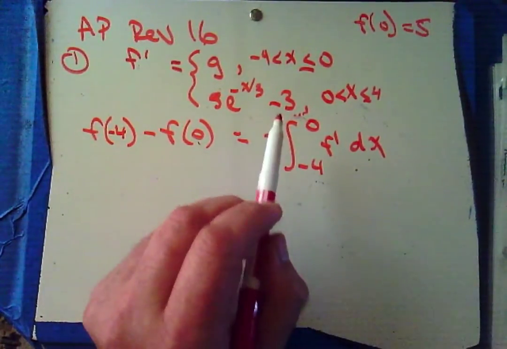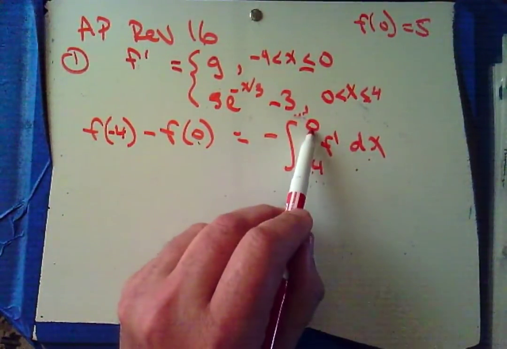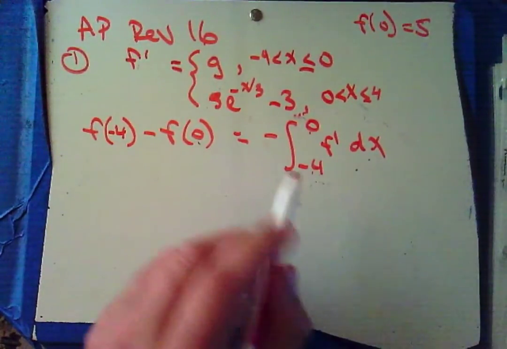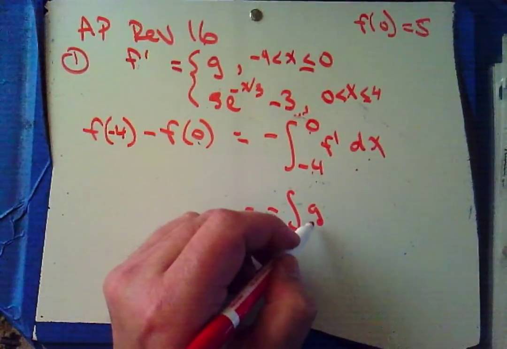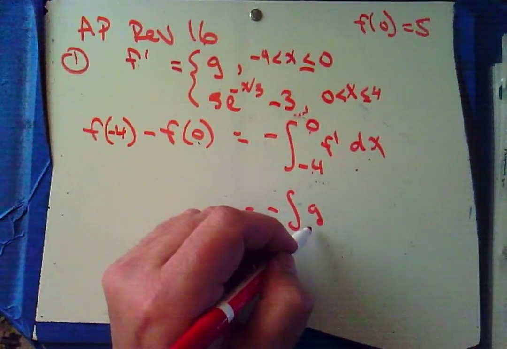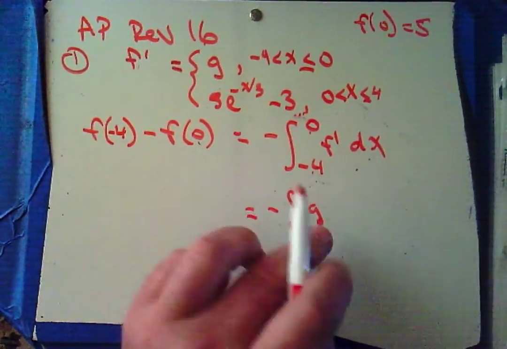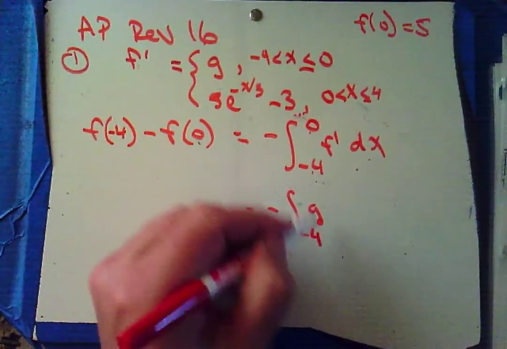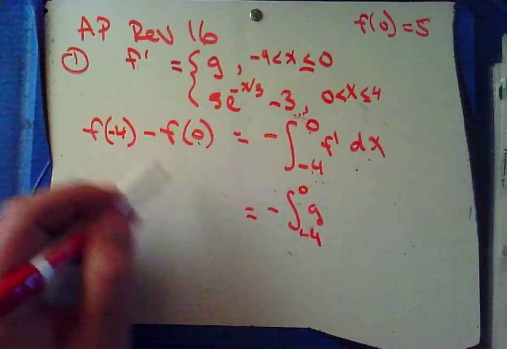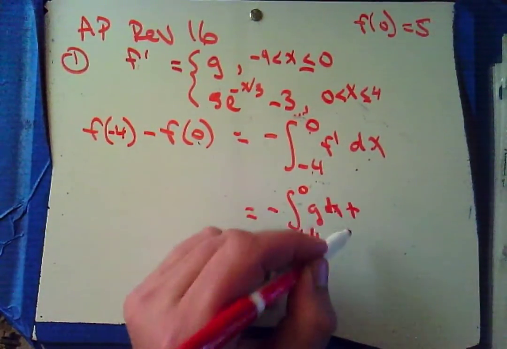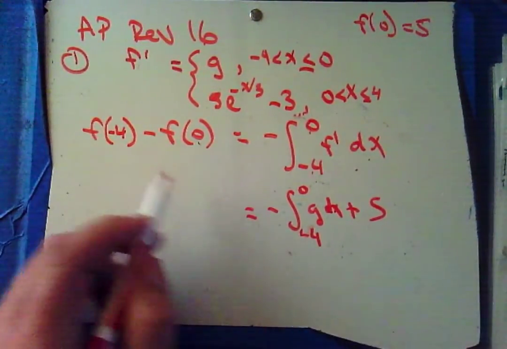Now, conveniently, the integral from -4 to 0 is just g. And so I want negative the integral of g from -4 to 0. Okay, and then I want to add to that 5, that's f of 0, to get f of -4.